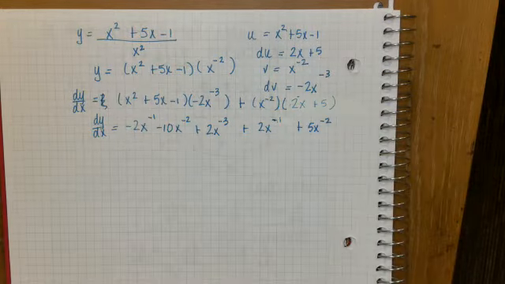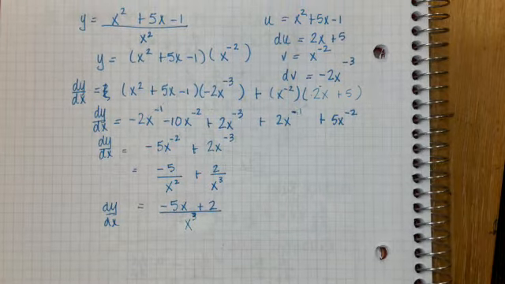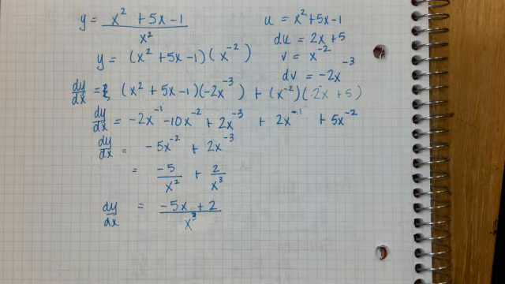Just distributed. Same answer. You can choose which property you like to use. This one, I'll admit, is kind of gross by the product property because of all these negative exponents. But you do indeed get the same answer either way.